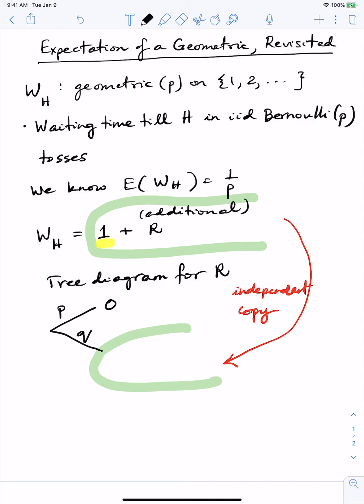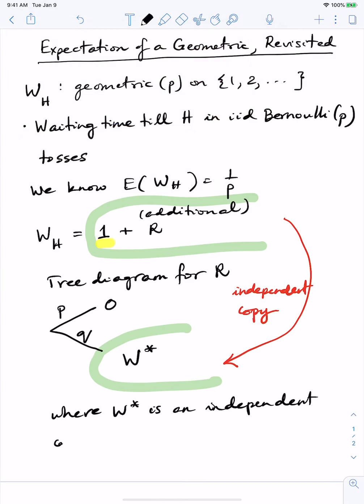And so in the end, you have a random variable that I'm going to call W star that is an independent copy of your original WH.